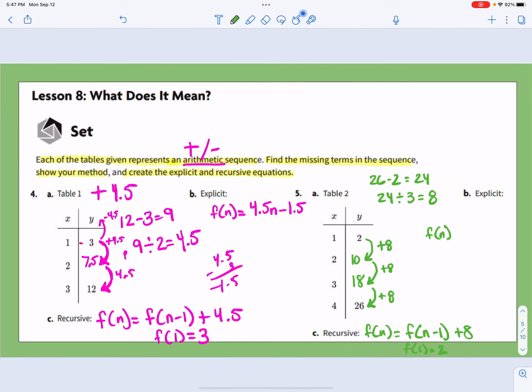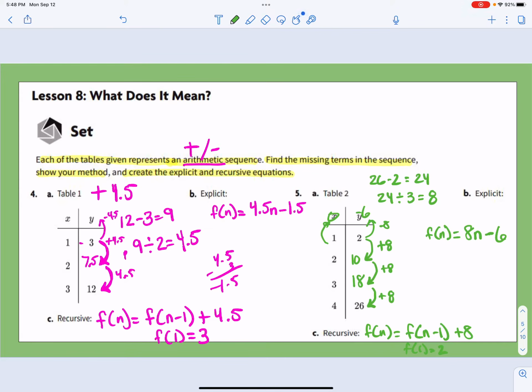So back to explicit, f of n is going to be equal to our rate of change, 8n. And then I need to say, well, what happens at the 0 point here? What happens at 0? Well, subtract 8. Negative 8 plus 2 is negative 6. So we'll say minus 6 goes there. Okay, so that's what's taking place there.